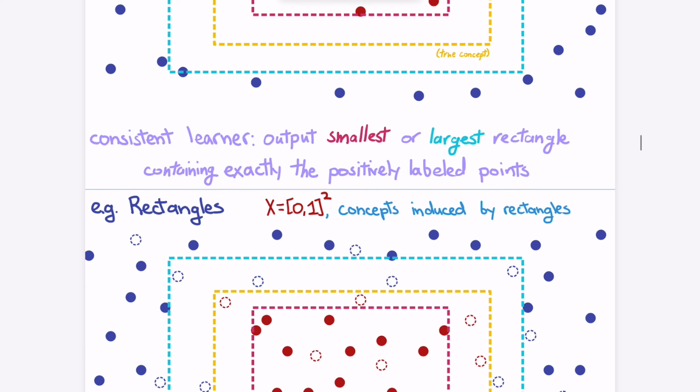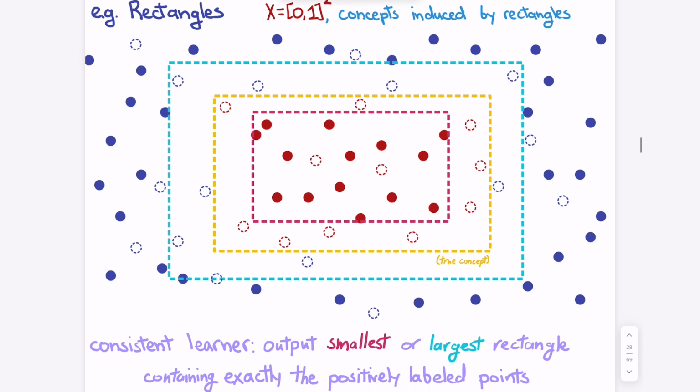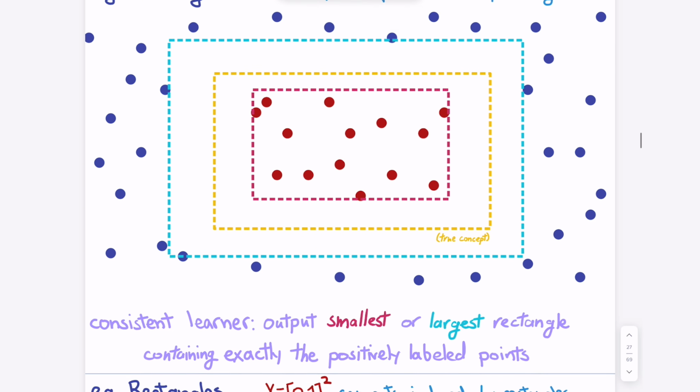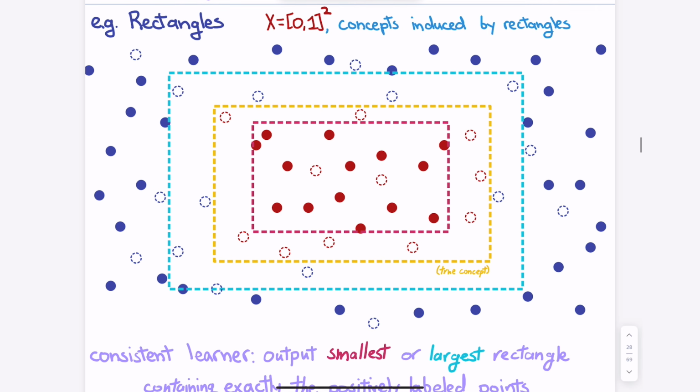So maybe one thing that this model does not stress is the points you don't see. At some level, you're probably interested in taking the thing you learned and applying it to some new points.